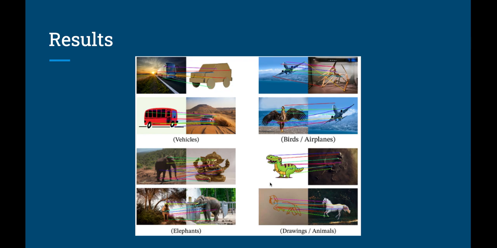Like it's able to relate the horse drawing to another horse and understand its parts, like this image of a dinosaur to the fossilized version. And it understands biological structures and functions, like the wing of a plane to the wing of a bird. I just find it super interesting.